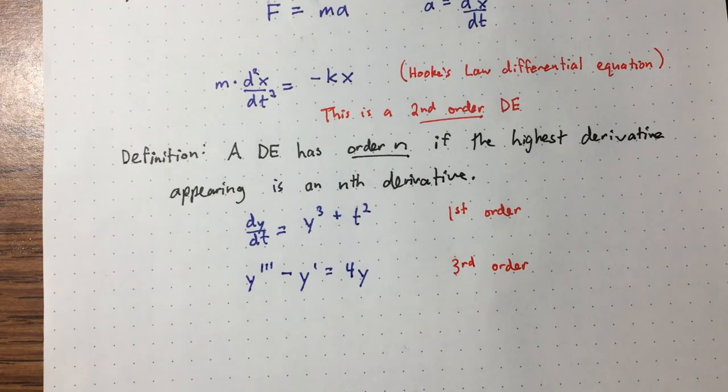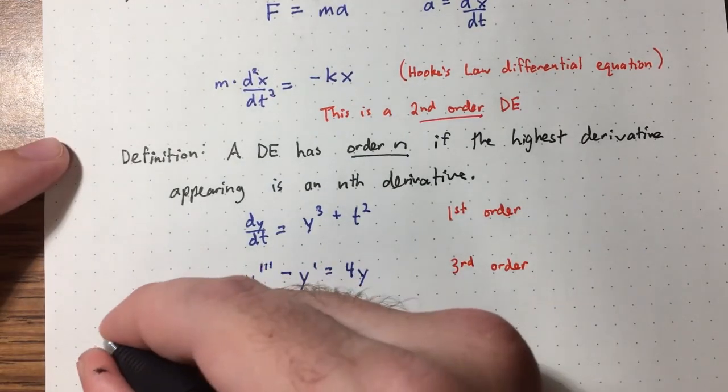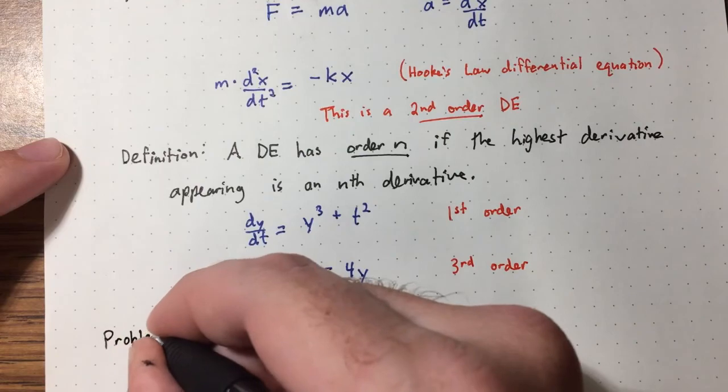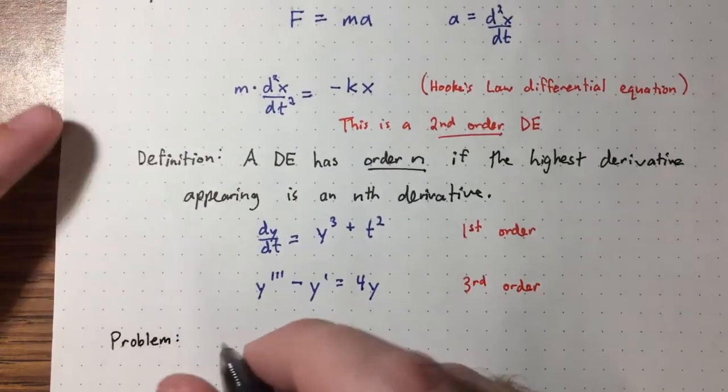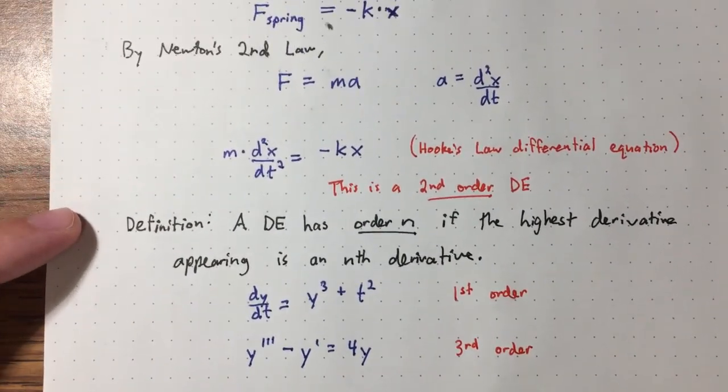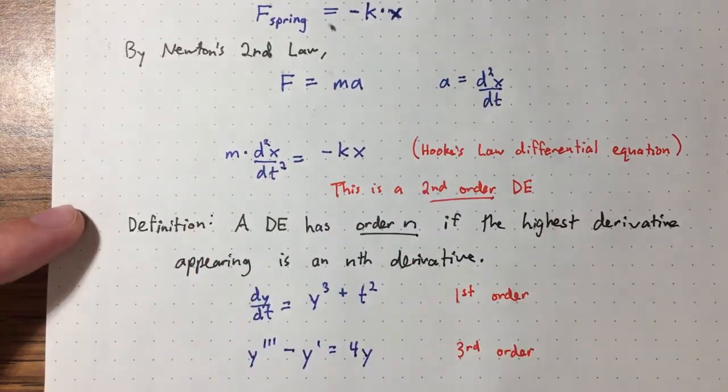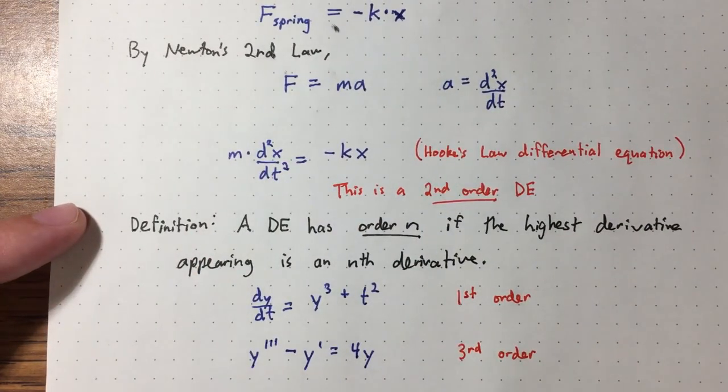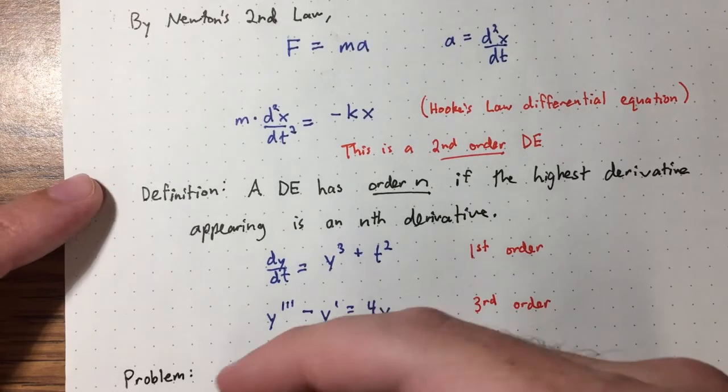Okay, great. So I think that's about a good length for this first lecture. I want to leave you with one problem though. Here's a problem that you should try. Again, I'm going to tell you what one solution is to this Hooke's law differential equation.